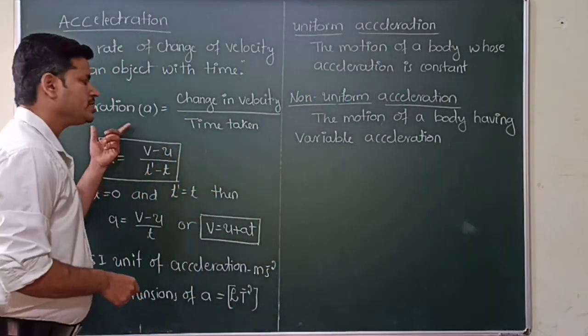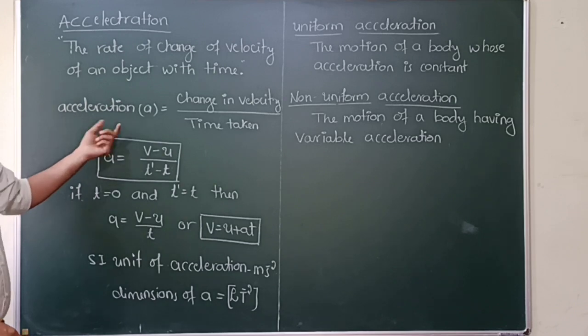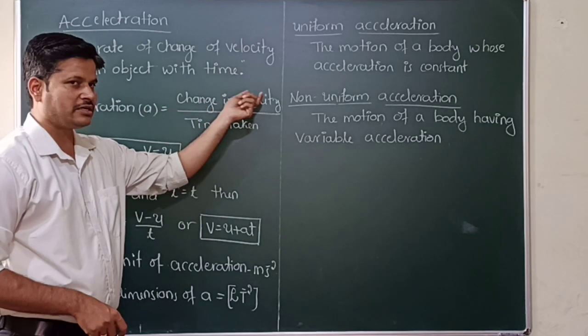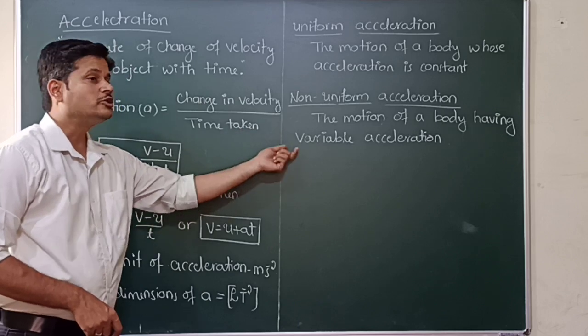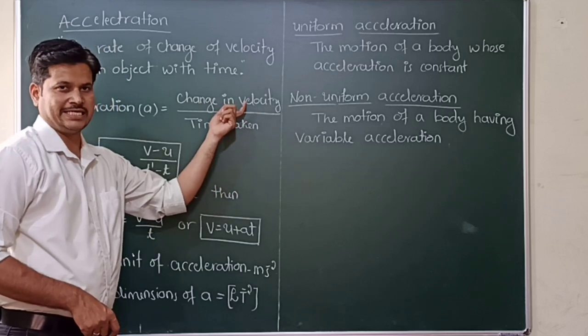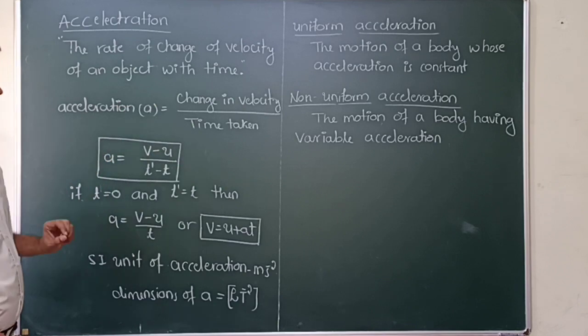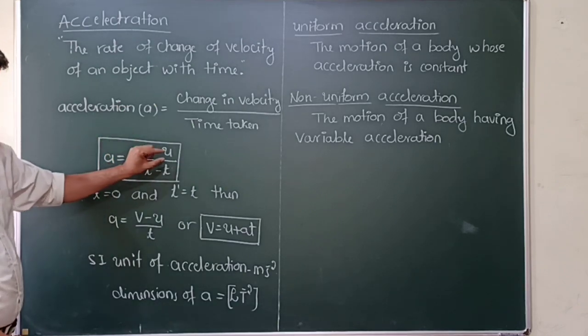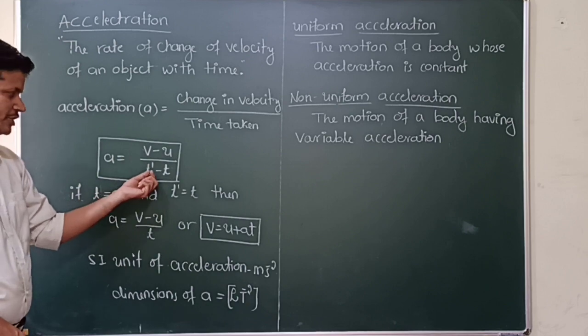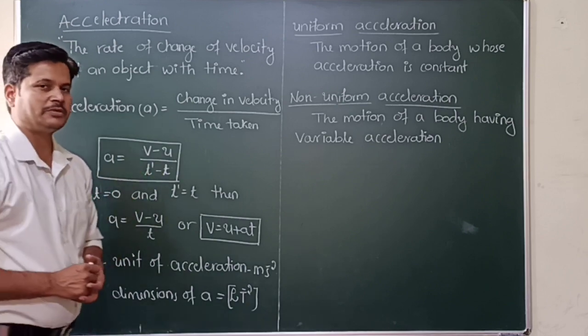And the equation is: acceleration equals the change in velocity divided by the time taken to change that velocity, right? Here a equals v minus u divided by t dash minus t. What is this representing?